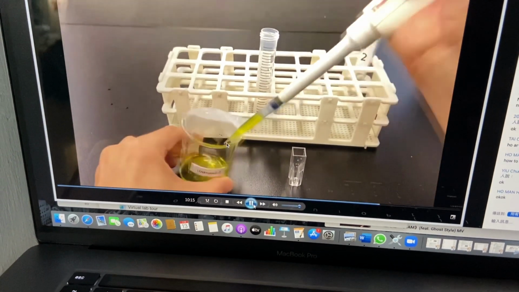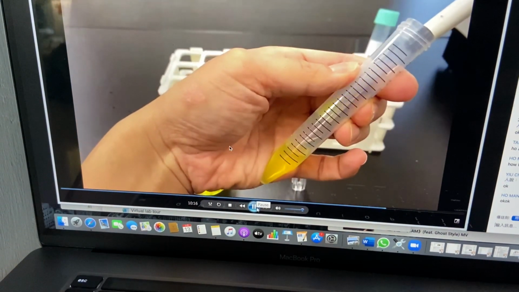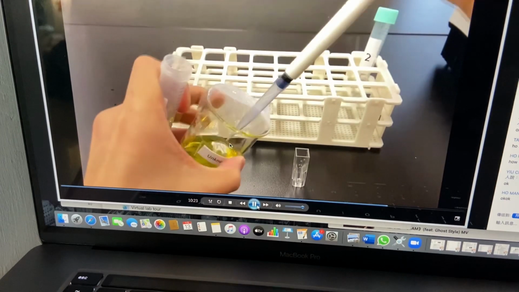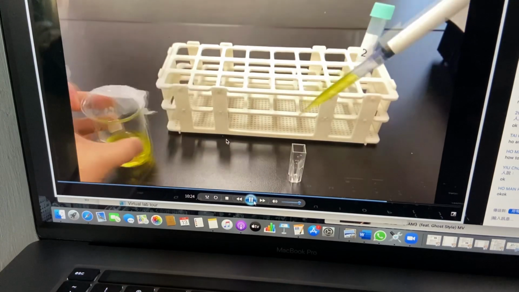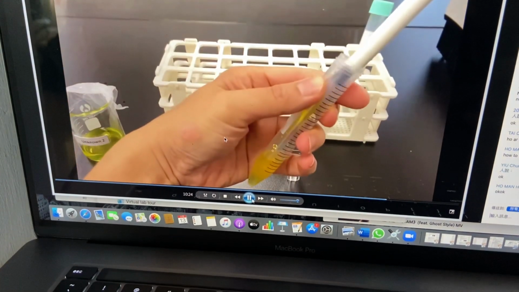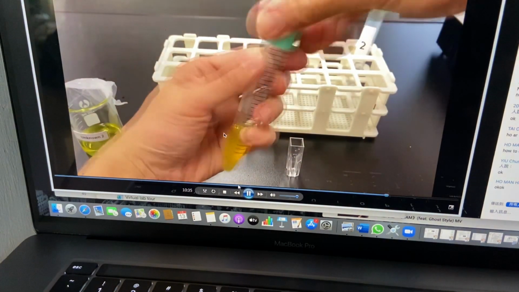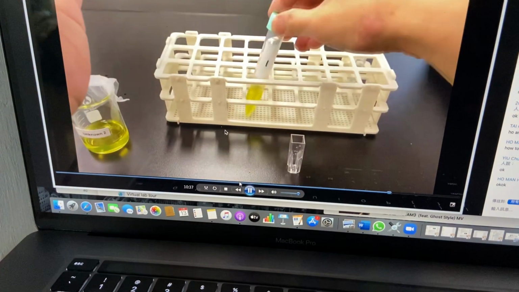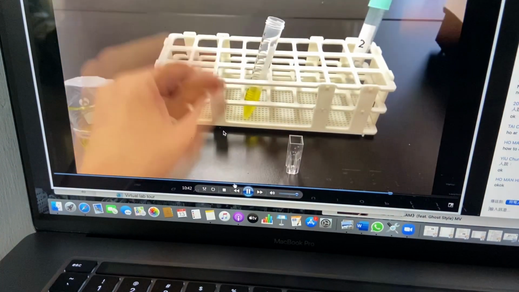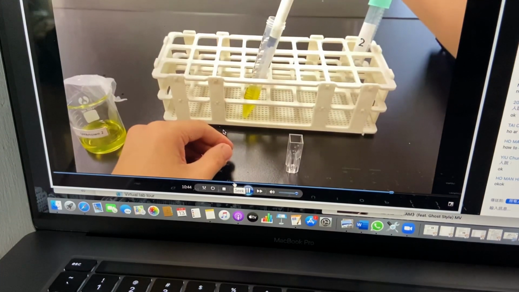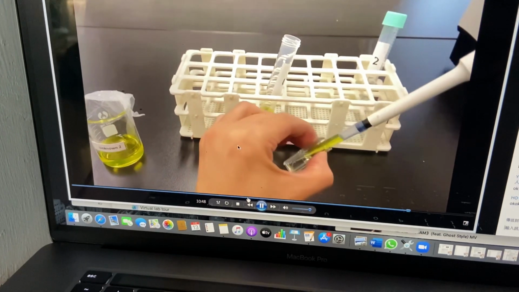How much of the, watch it carefully, okay? So how much? Okay, get it? Okay, now I will measure the absorbance, the value of absorbance of this unknown concentration.